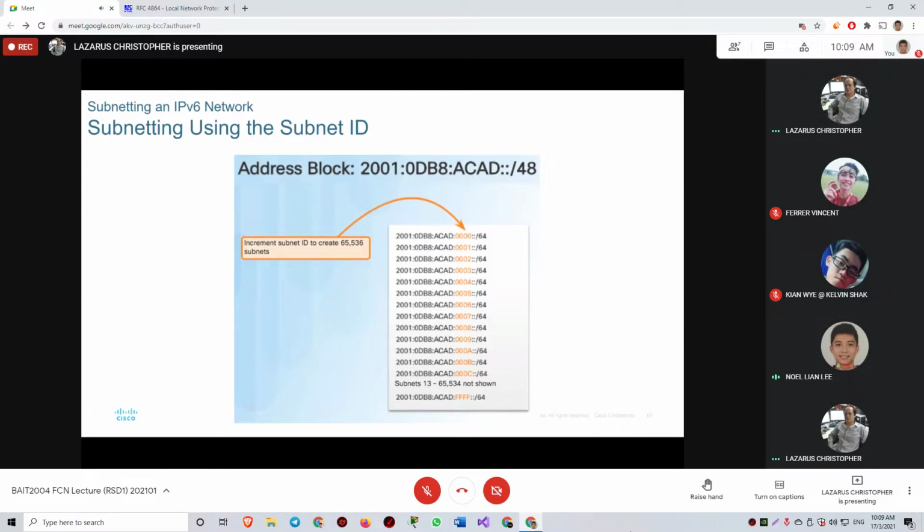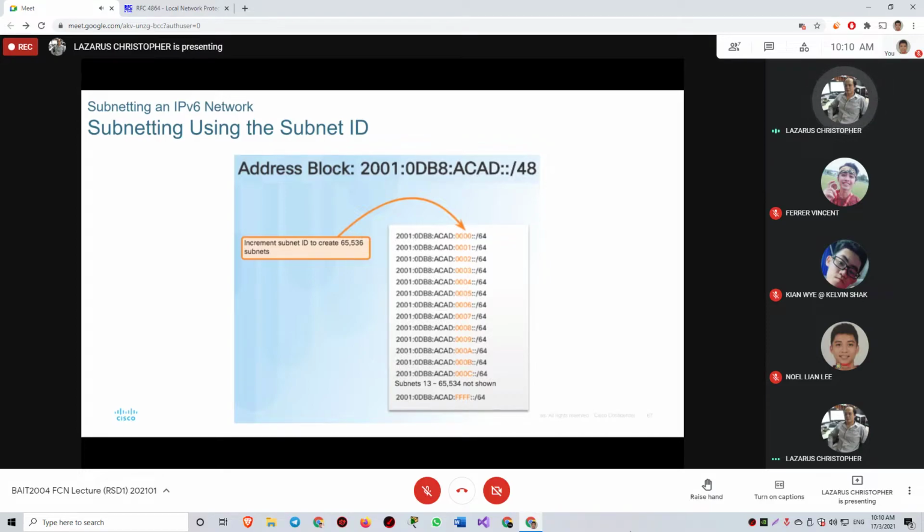At the early part I was talking about, subnetting is required in IP version 4 because we want to increase the number of subnets. It's only on the private network range, and the private address range is also very small.